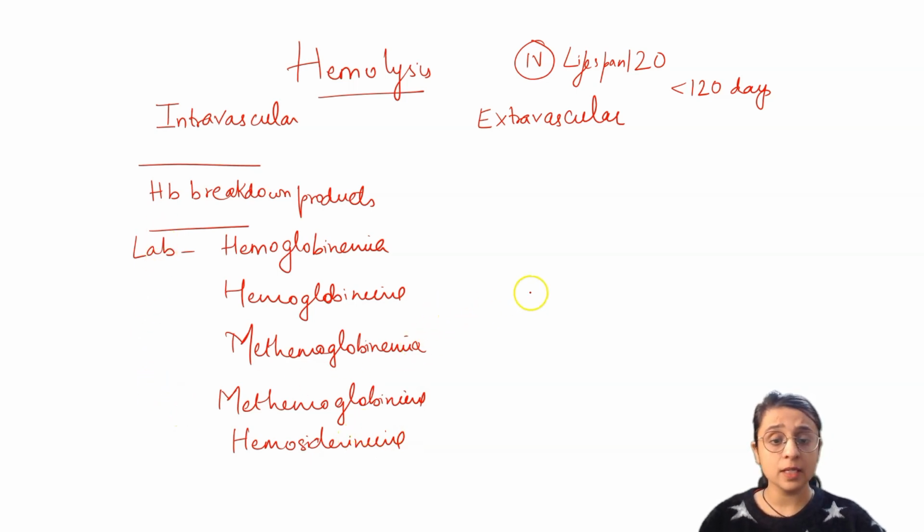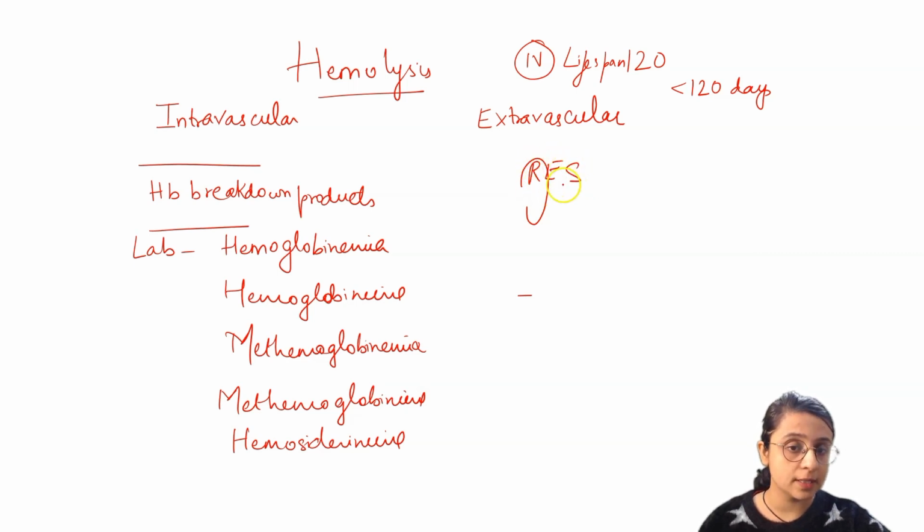Whereas these findings will not be present in your extravascular hemolysis. What is happening in extravascular hemolysis is that this RBC breakdown is getting cleared by your spleen and liver. So due to the presence of these macrophages in the reticuloendothelial system, these RBCs will be getting cleared off. So there will be splenomegaly.